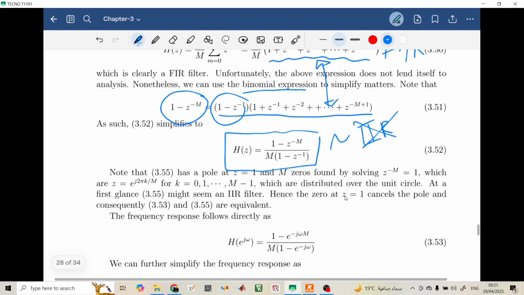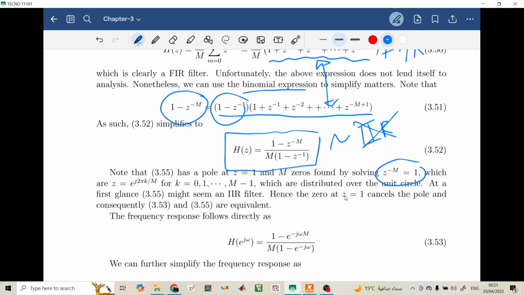Okay, now we are interested in the locations of the zeros of the FIR filter. So the zeros are the zeros of the numerator. So we want to find the solution for this equation, z to the power minus m equals 1, right? So naturally the magnitude of z should not exceed 1 or be less than 1. So z is constrained to the unit circle. So z must equal some kind of factor of the exponential j omega.